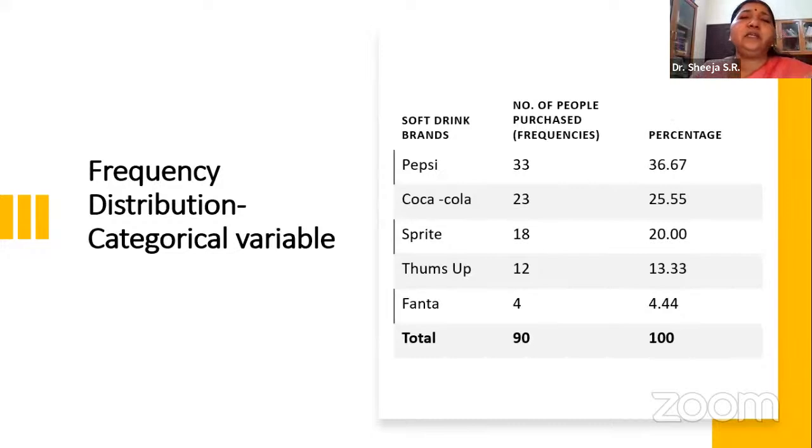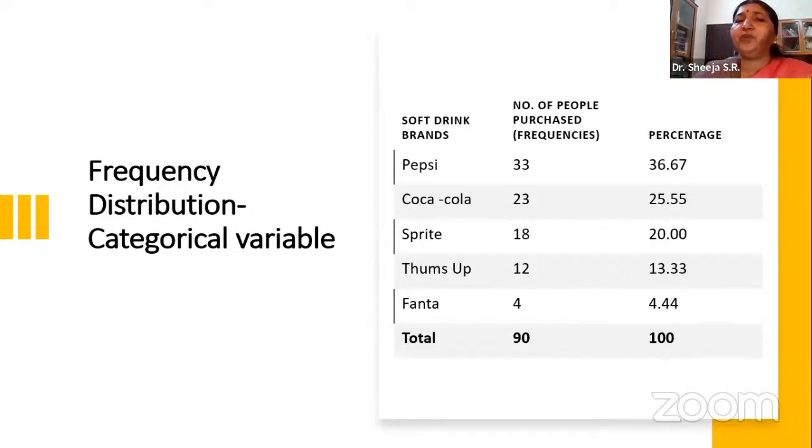Then see here, I have given another frequency distribution, and the difference is that here the variable of interest is a categorical variable. Various soft drink brands are given. See, 90 people have purchased soft drinks, and on the basis of their preference for the brands, we are classifying people into different categories.